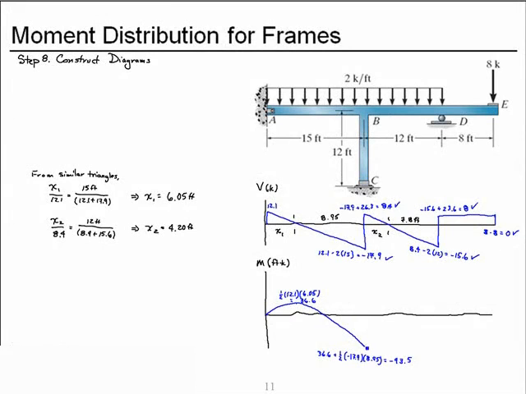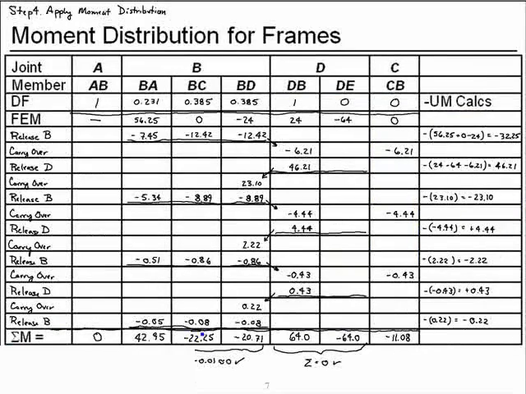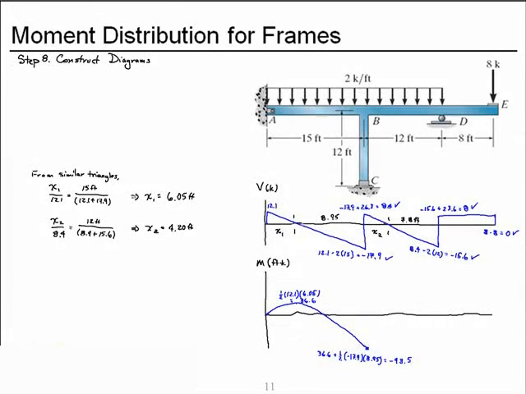Then at this point we get a jump in the moment diagram due to the moment from member BC, and that moment is 22.25 foot kips counterclockwise on the end of member BC, which means it's clockwise applied to member ABD, and a clockwise moment applied to a member is a positive jump in the moment diagram.